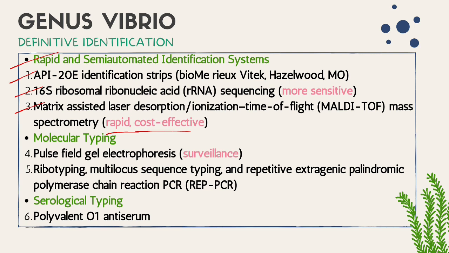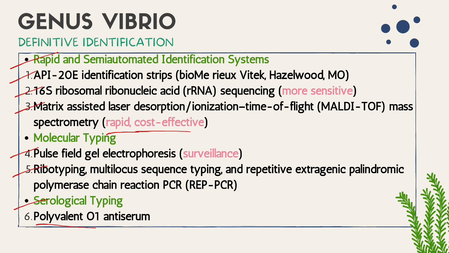So, pag nakita nyo yung mass spectrometry, mga ganyan yung mga RNA, so most of the time, these are identification systems. For molecular typing, we use pulse-field gel electrophoresis for surveillance or epidemiological studies, and some types of molecular procedures. For serological typing, we only have one, the use of polyvalent O1 antiserum, just like we discussed last time.